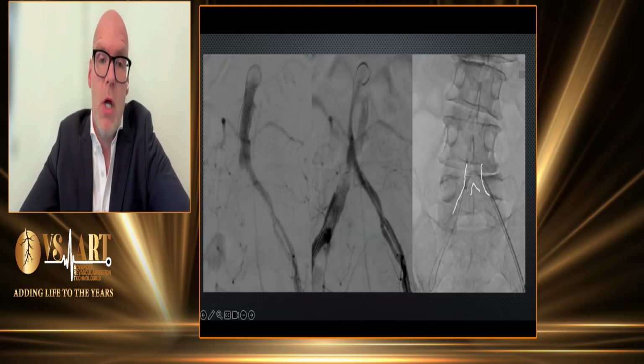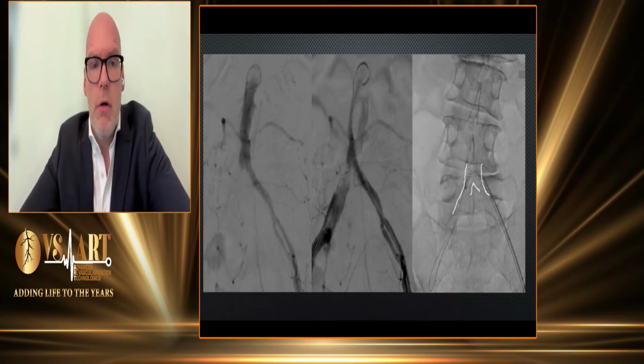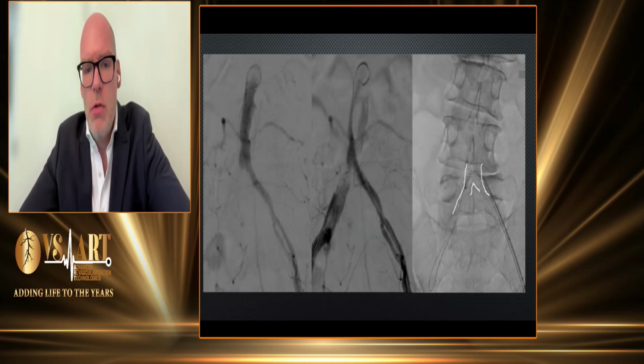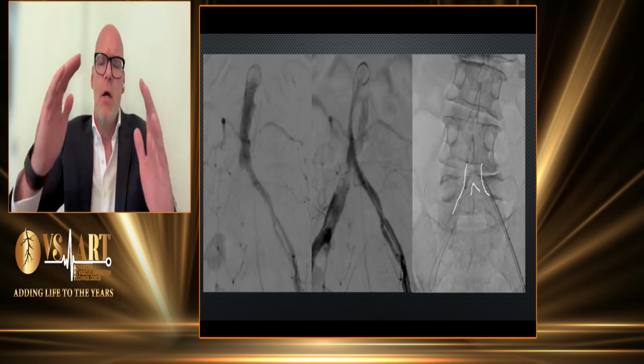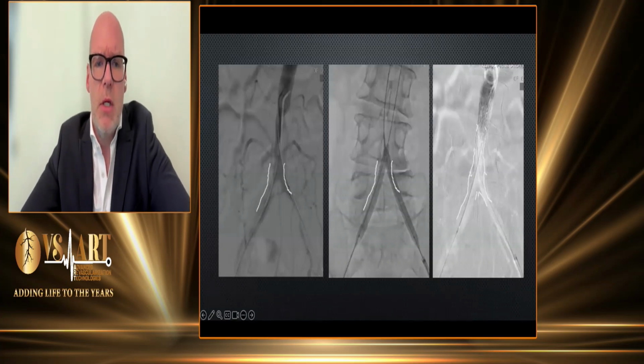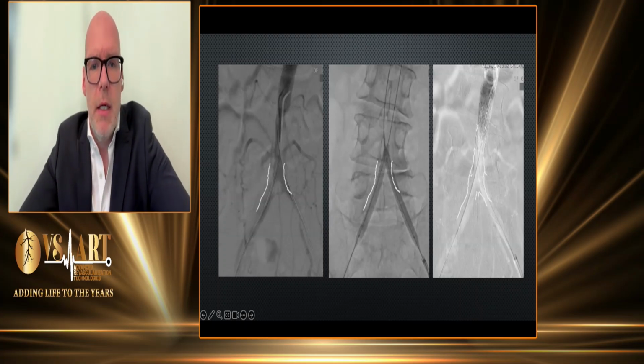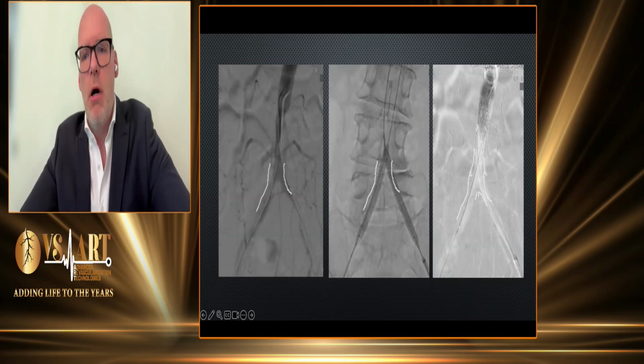It was possible to lock the sheath at that angle and go further with an 0.018 wire to cross the dissection and also the occlusion. Then we had a through-and-through wire, and the next step was to pre-dilate both sides of the iliacs. But we saw that there was a small lumen in the area of the infrarenal aorta.